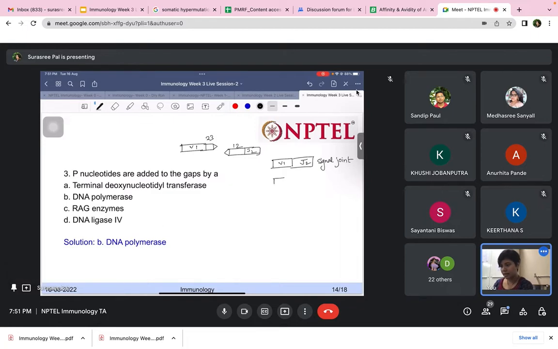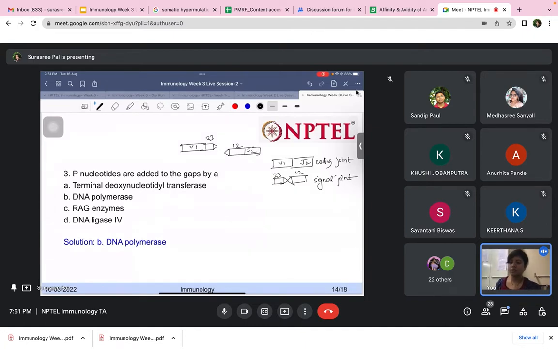And the RSS will also join together, because in a recombination event, that is how it takes place. Sorry, this joint of V1 and J2 is actually the coding joint, which will code for the VJ segment in the antibody, and this other one is the signal joint.